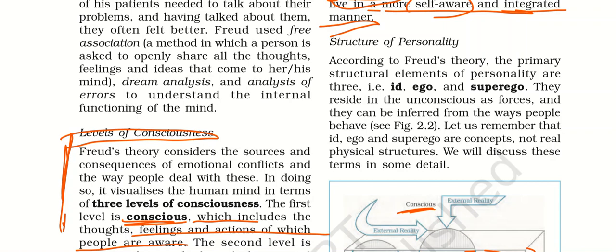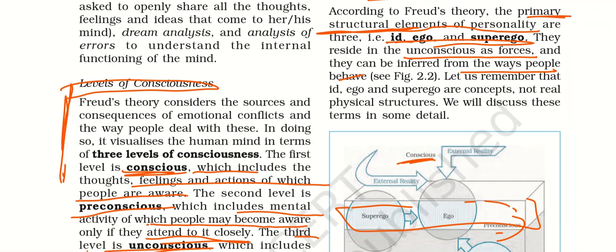So now he talks about the structure of personality. According to Freud, the primary structural elements of personality are id, ego, and superego. They reside in the unconscious as forces, and they can be inferred from the ways people behave.